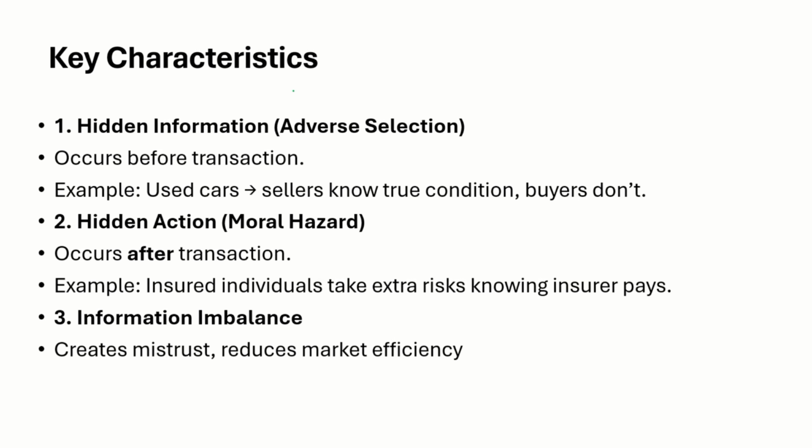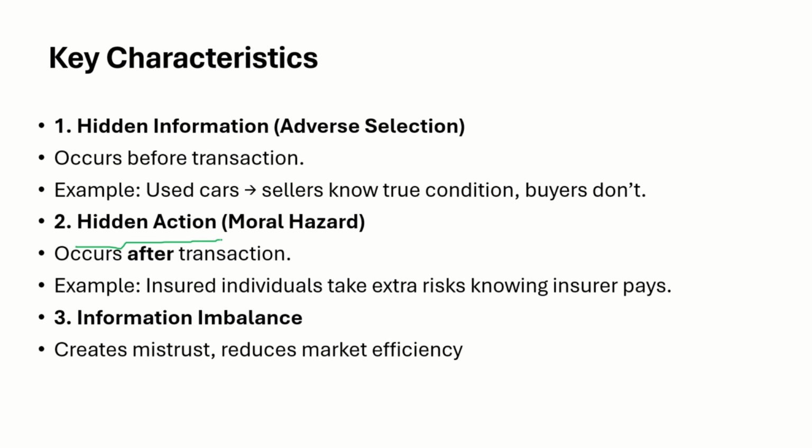So hidden information occurs before the transaction, you can note that, and hidden action occurs after the transaction, which has another name: moral hazard. This happens after the transaction has been made. It happens when one party engages in a transaction and might be less careful afterwards. One example is the insurance market.